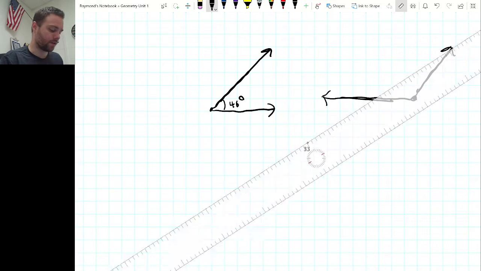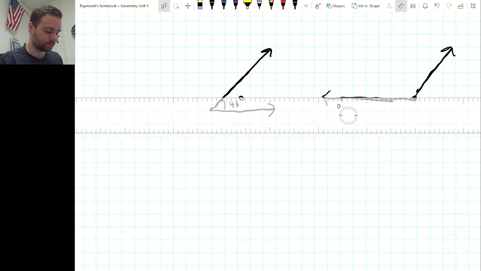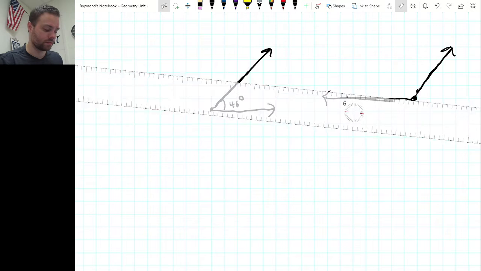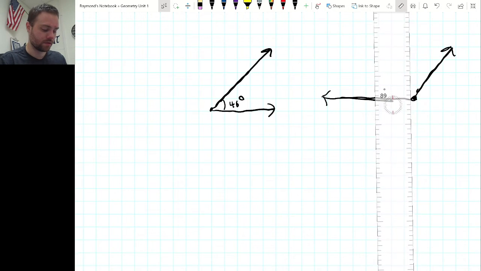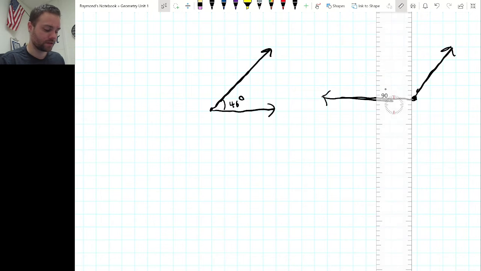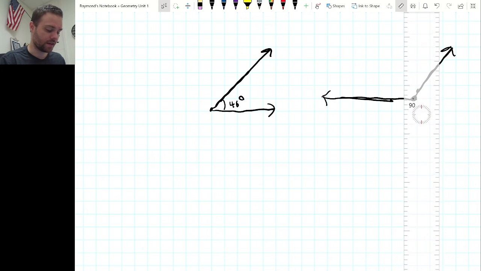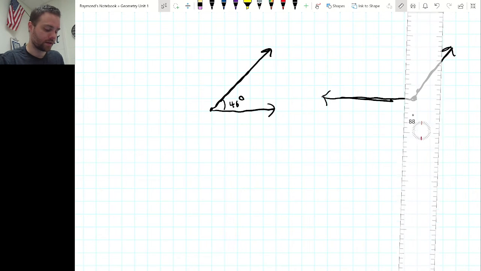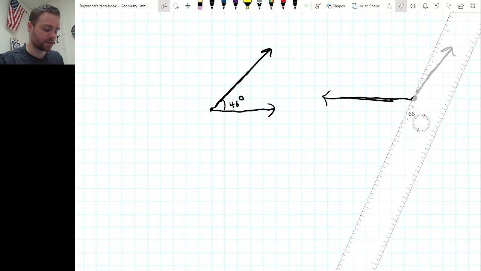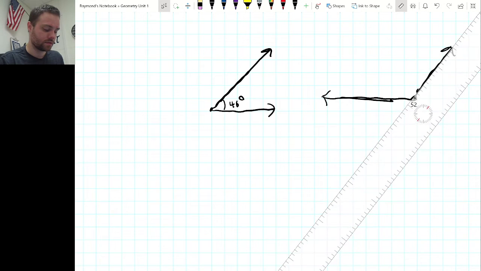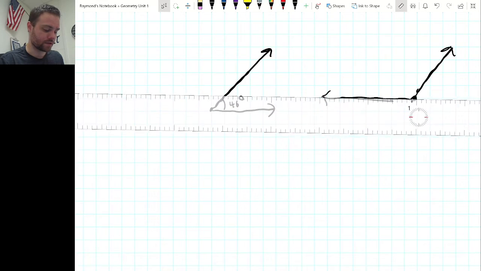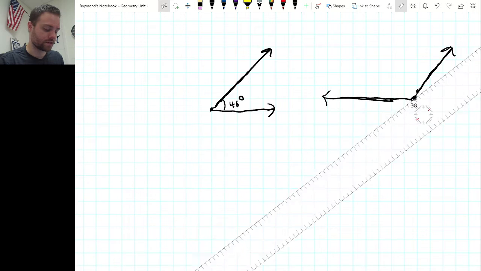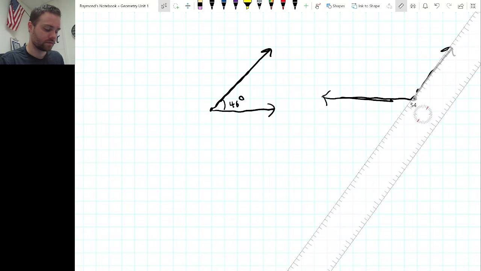And then let's say I want to know what this one is over here. Well, I'm going to go to 90, because I know that that angle is more than 90 degrees. I'm going to put that little dot there, and I'm going to continue to rotate it. So that's 0 degrees.